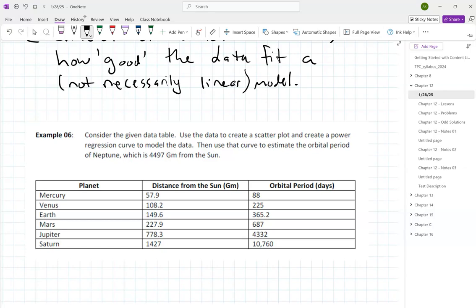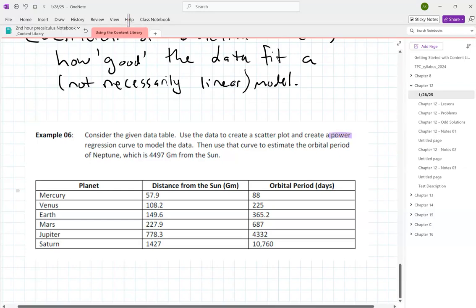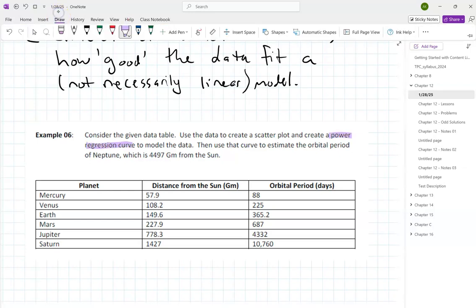So consider the table. We're going to create a scatter plot and then create a power regression curve. Notice it tells me in the question what type of model to make to model the data, and then use that curve to estimate the orbital period of Neptune, which is 4,470 or 497 gigameters from the sun.